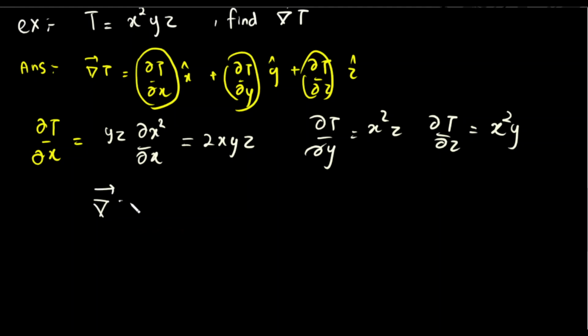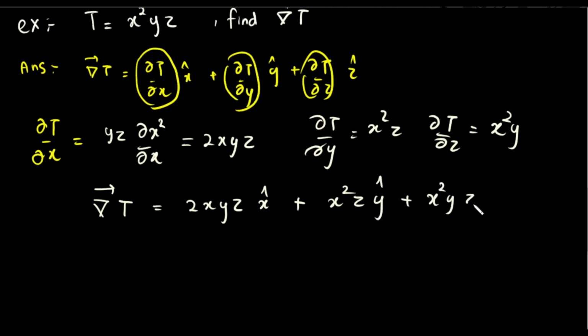So grad T is equal to 2xyz for the x hat component, x squared z in the y hat, and x squared y in the z hat. So this is my grad T, or the gradient of T.